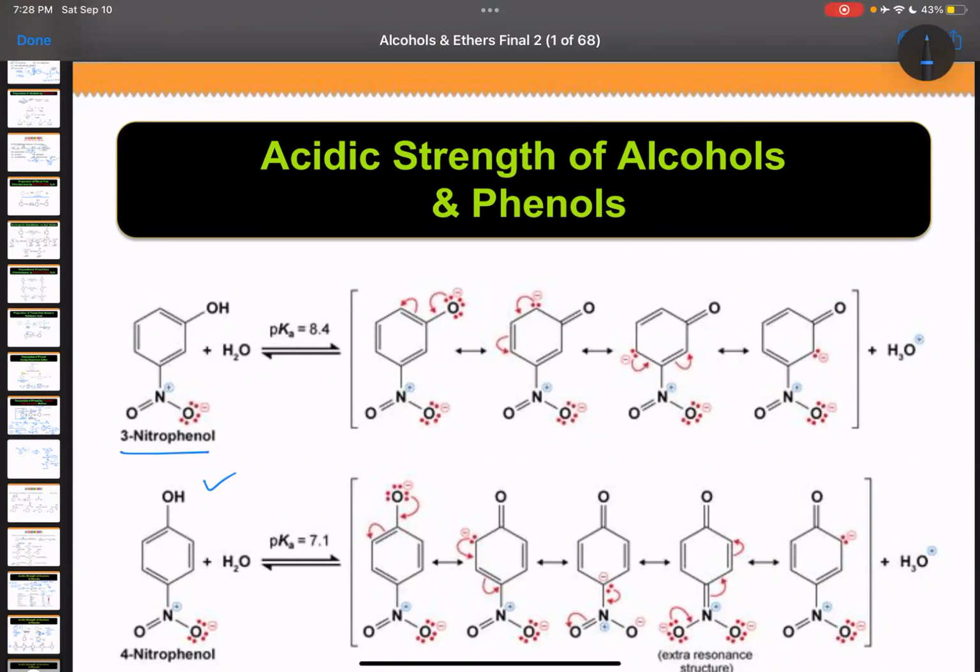How is the acidic strength going to change? Which one is going to be more acidic? Yeah, Maimuna. Second. Which one? Paranitrophenol. And what is the reason?